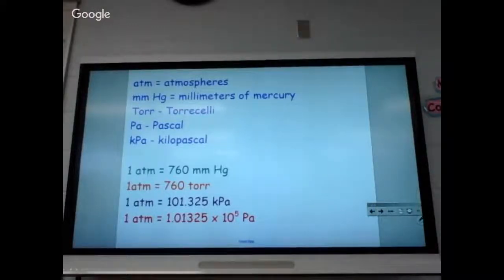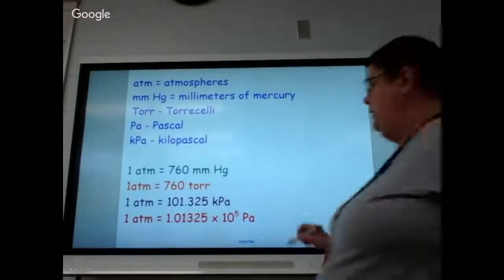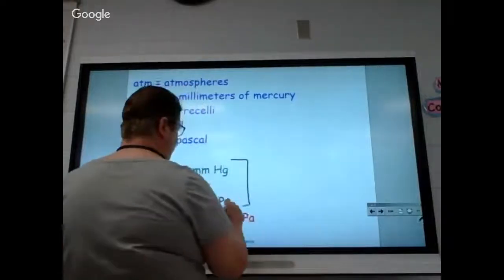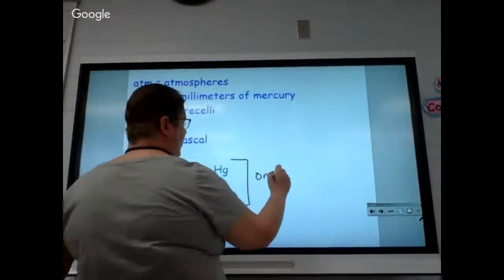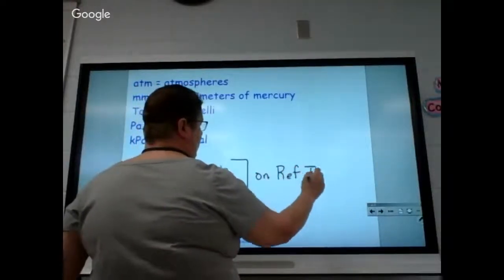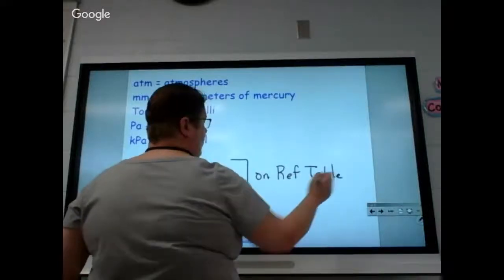Now, these are how they're related to each other. The good news for y'all is 3 of them are on the reference table. These 3 right here are on the reference table.